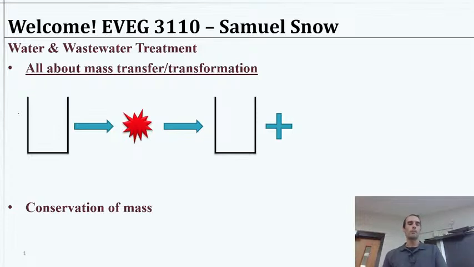We have some system where we have maybe a little jar of water that's got some stuff in it. We send it through a process, and the goal of that process is to either separate, transport, or transform the stuff. So maybe we're left with a little pile of our stuff that we can send to the landfill in a nice, safe, protected way.